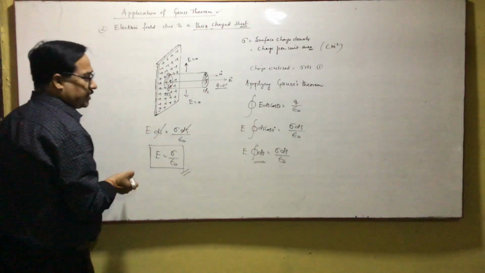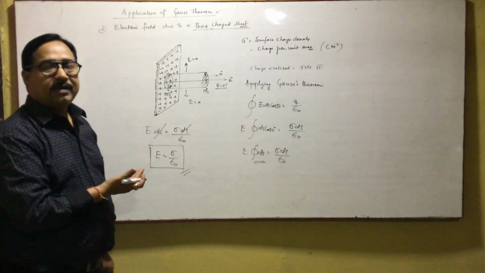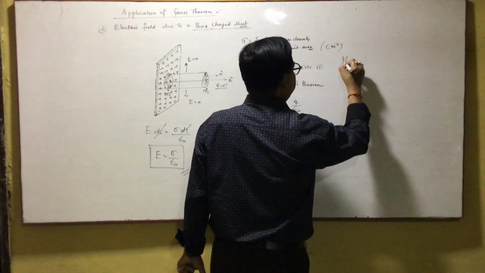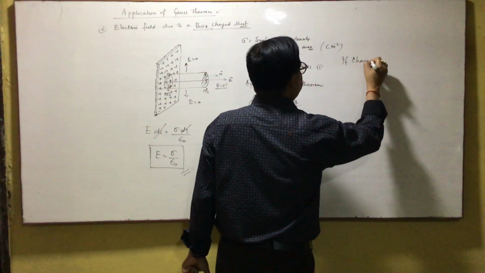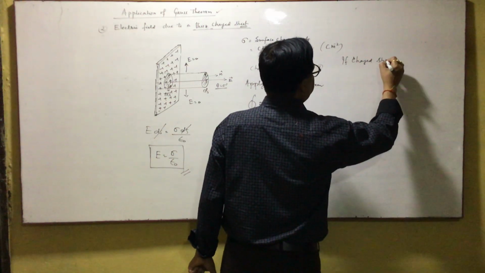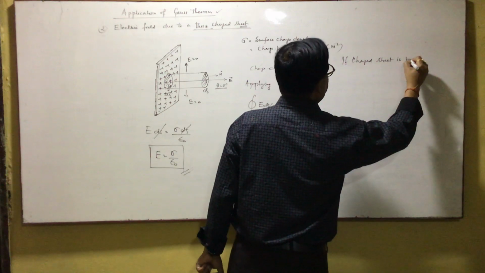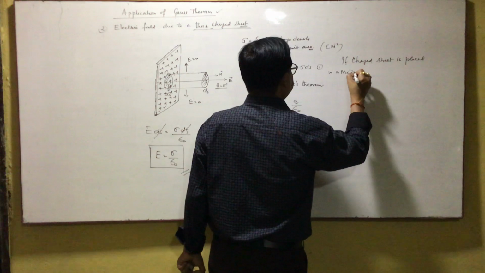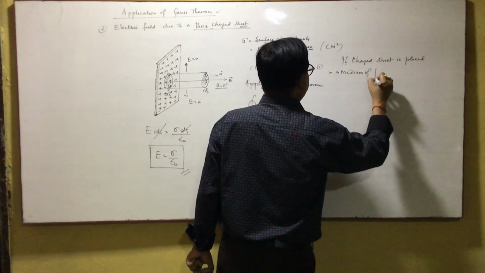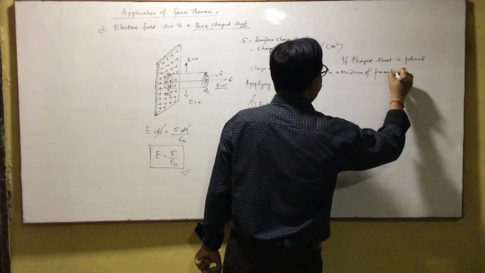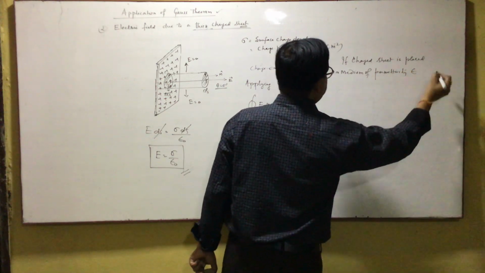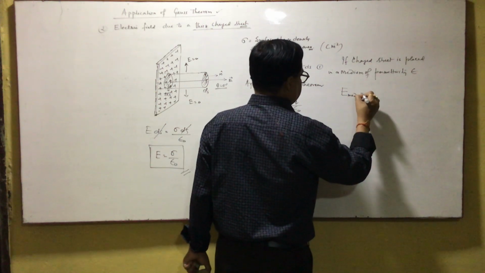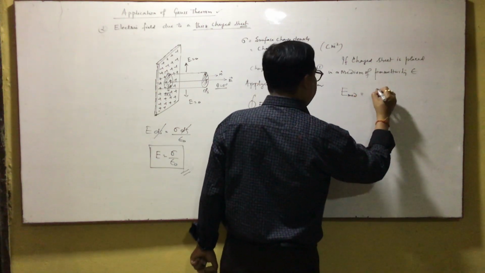Very important expression. We will use this expression in capacitor also. So if a charge sheet is placed in a medium of permittivity epsilon, then E in that medium is given as sigma by epsilon.